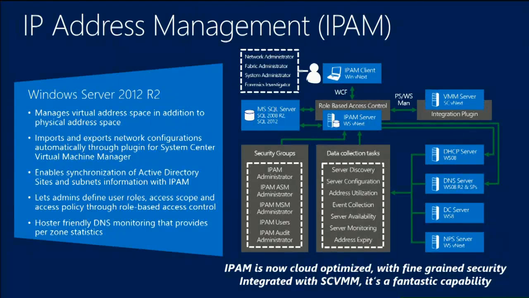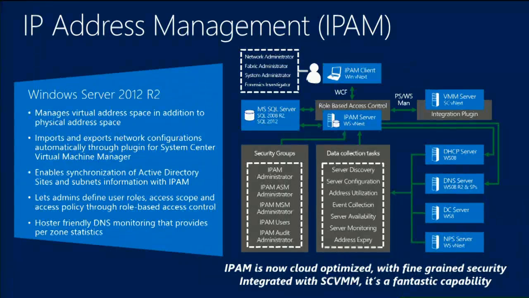The second thing we did with IPAM is realizing that customers have a desire to deploy across multiple clouds. That meant that there are now going to be multiple cloud admins as well. It is important to make sure that these cloud admins don't accidentally stomp on each other's changes. So there's a lot of fine-grained security that we built into IPAM in 2012 R2 that customers will benefit from.